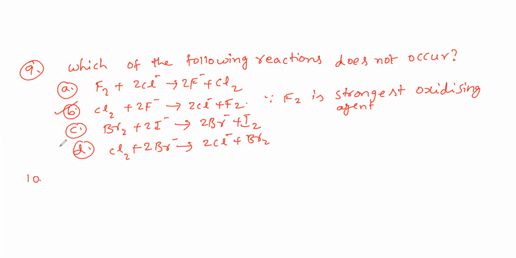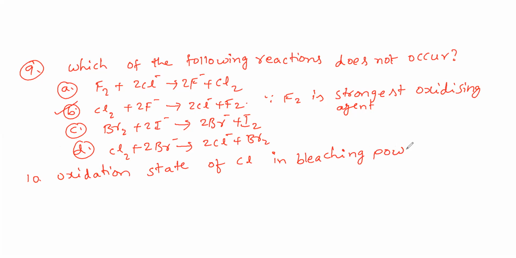The oxidation state of chlorine Cl in bleaching powder is: option A, -2; option B, -1; option C, +1; and option D, -1 and +1.